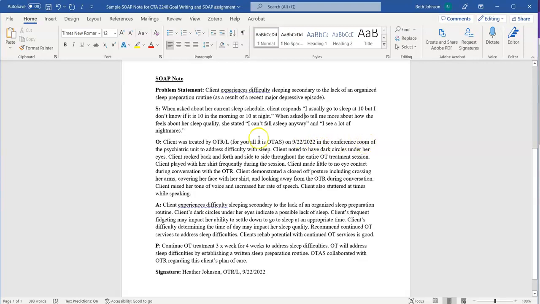In the conference room of the psychiatric unit: again, you want to make sure that in all of your O sections you include where the treatment took place and be specific. Say something more than in the inpatient unit or in the clinic. Were you in a treatment room? Were you in the client's room? So make sure you provide that detail. And then to address what?